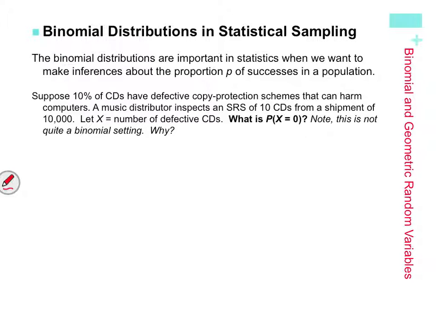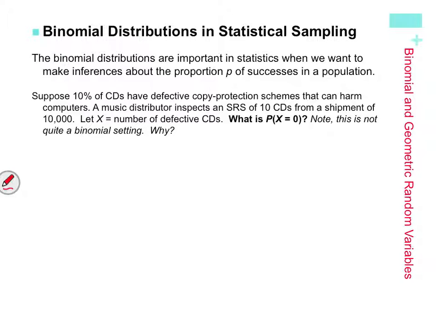A music distributor inspects an SRS of 10 CDs from a shipment of 10,000. Let the random variable X equal the number of defective CDs. What is the probability that a shipment will have no defective CDs?